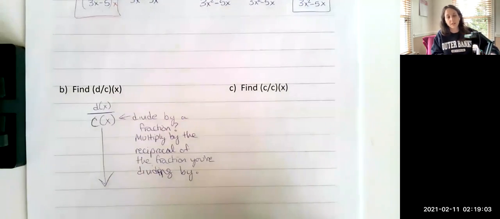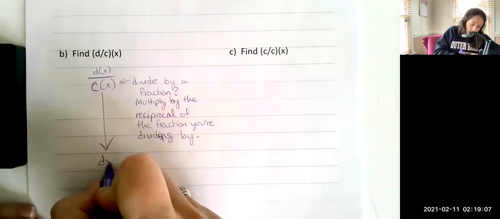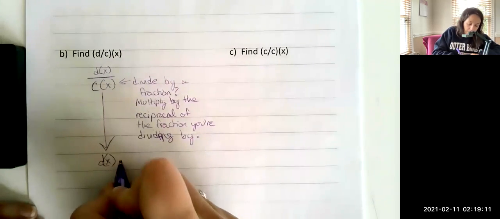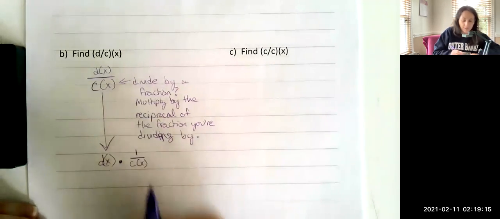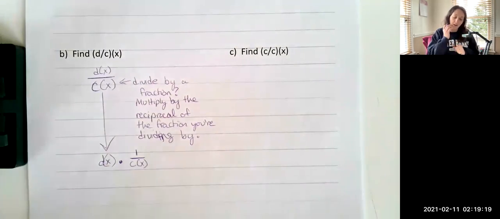So what this really means, I'm going to drop this down here, is that we are going to take D of x and actually multiply it by 1 over C of x. That's the reciprocal. The reciprocal means that it's 1 over whatever it is.